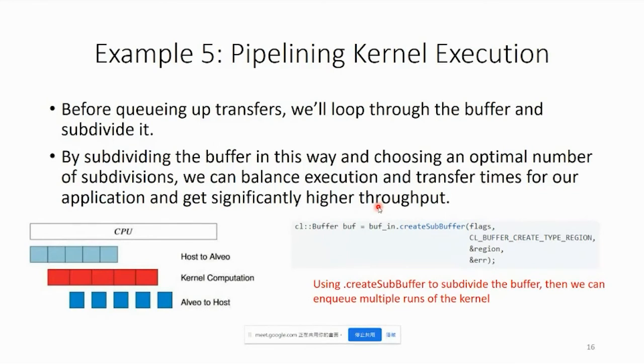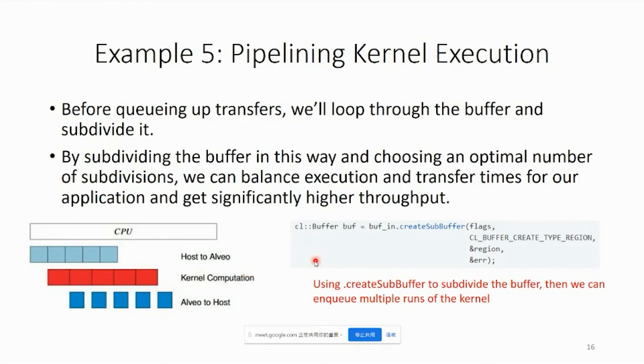In example 5, we want to do pipelined kernel execution. We do the pipeline by subdividing the buffer before the transfers. By subdividing the buffer in this way and choosing an optimal number of subdivisions, we can balance the execution and the transfer time for our application and get significantly higher throughput.